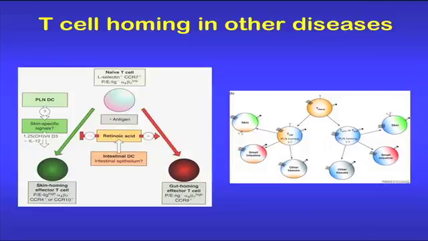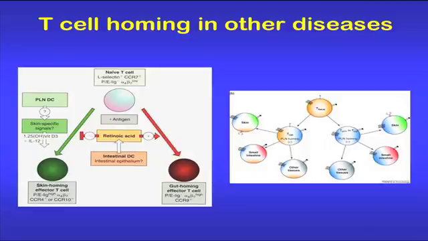And since the gut homing and the skin homing signatures involve specific molecules, it may be worth considering whether we could treat inflammatory diseases of the skin that involve T cells, such as psoriasis, by blocking skin homing, and inflammatory diseases of the gut that involve T cells, and this would be inflammatory bowel diseases, by blocking gut homing.